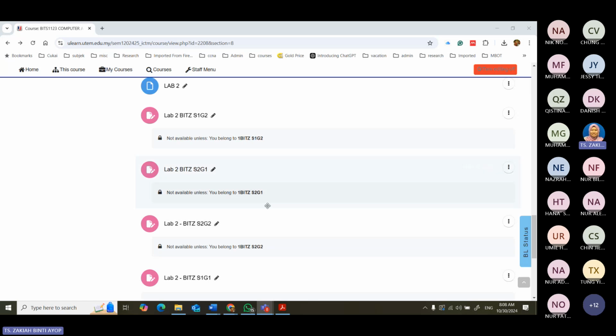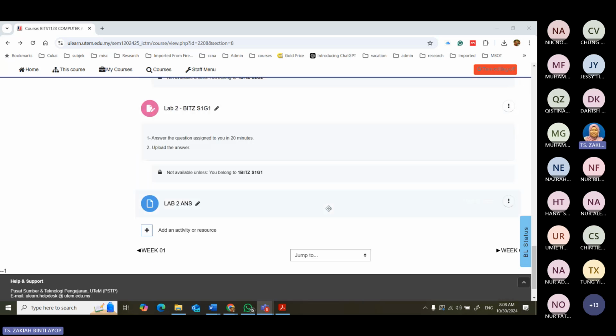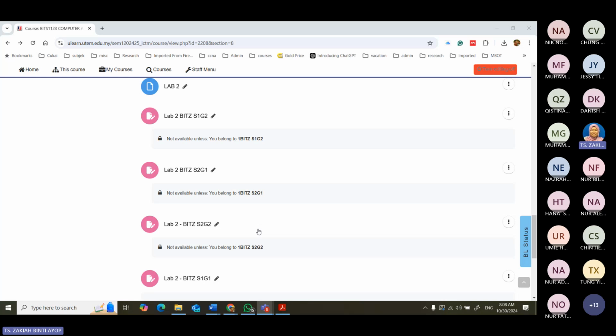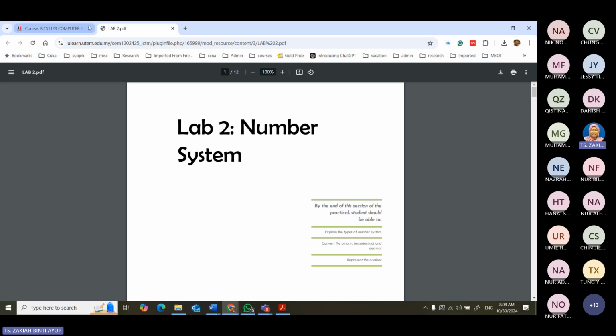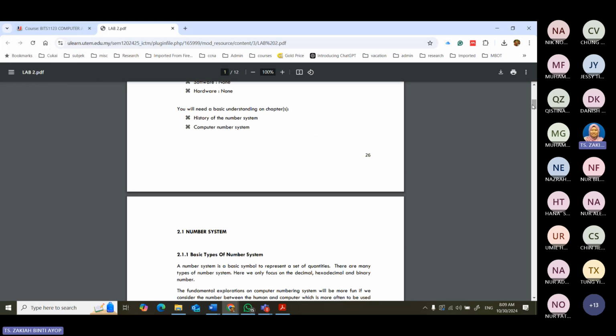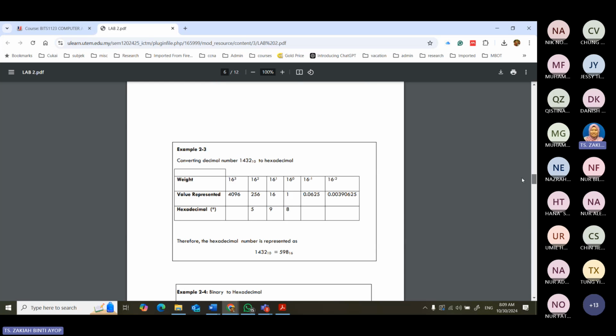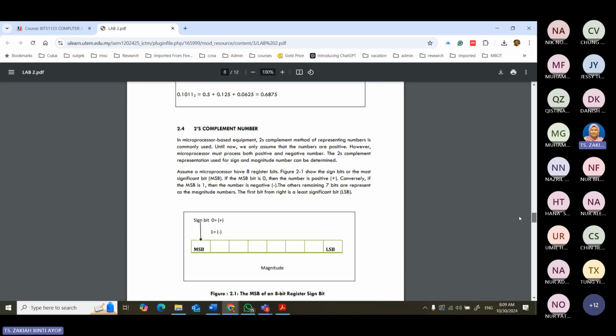So for today's lab session, we are going to do lab 3, but I'm going to ask you to open lab 2, because that's where part of chapter 3 is included, for the questions. So download lab 2 first. Here is the two's complement.